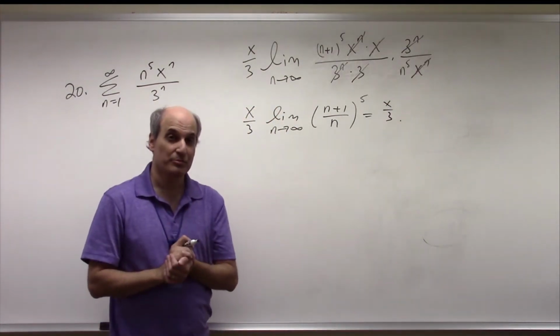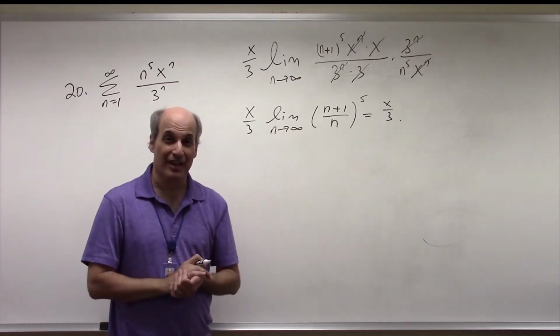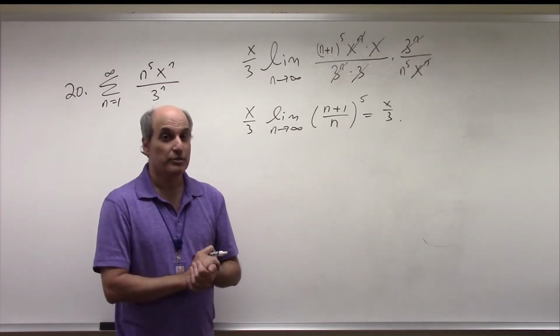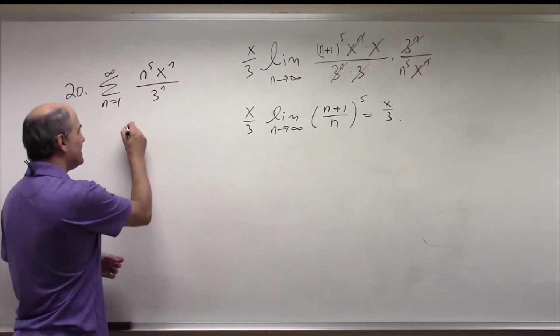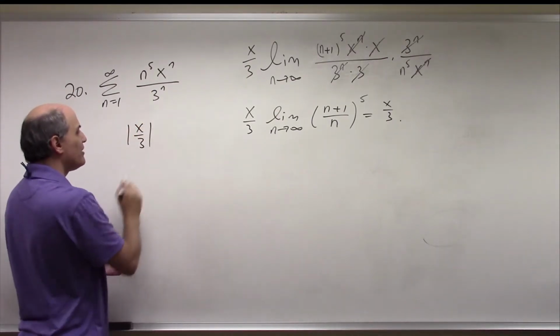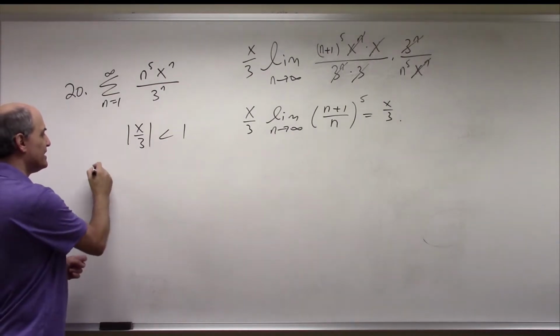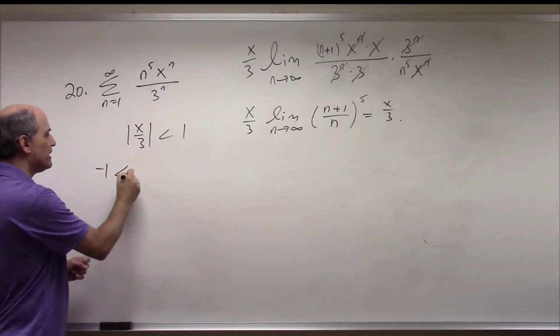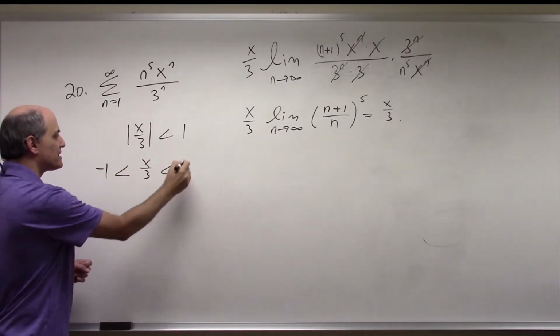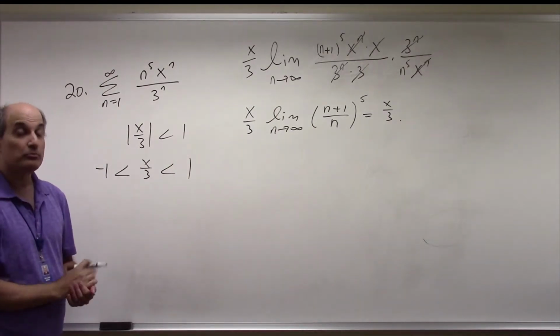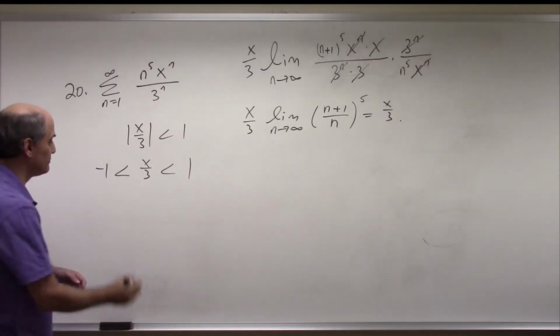Remember, as I mentioned in the previous video, I'm leaving out the absolute value signs till now. To make this converge, I need L, the absolute value of x over 3, to be less than 1. That means I need negative 1 to be less than x over 3 to be less than positive 1. Multiply by 3 everywhere.